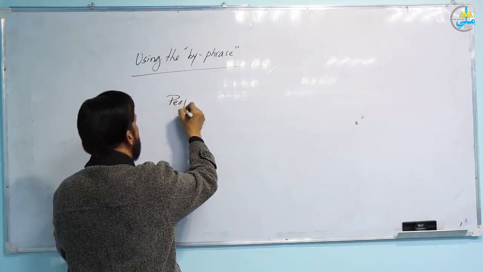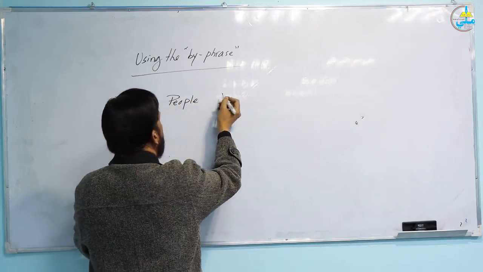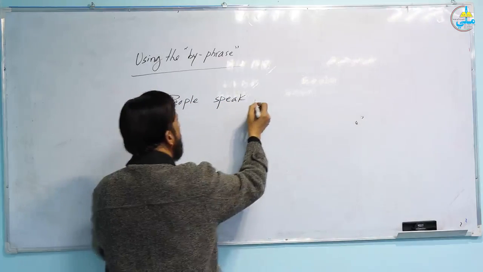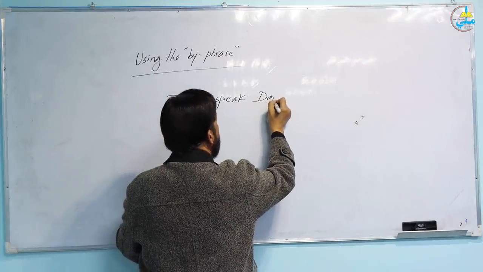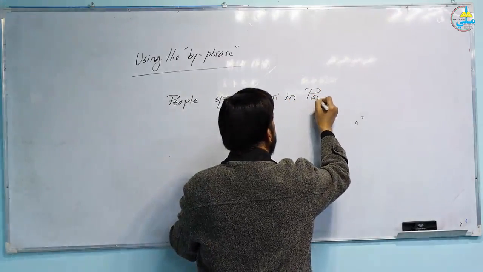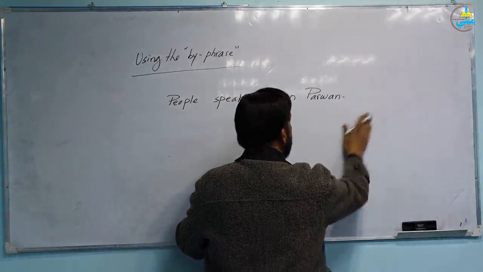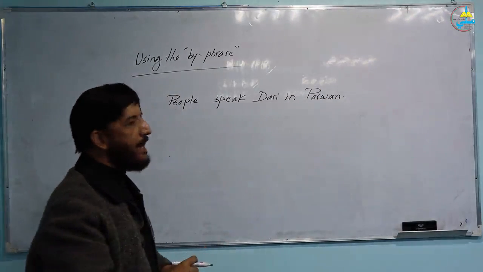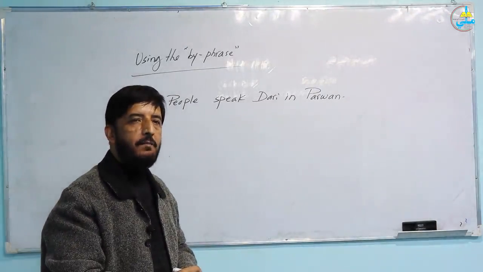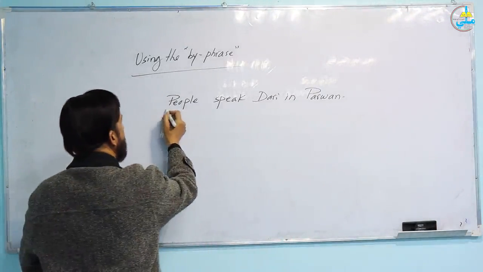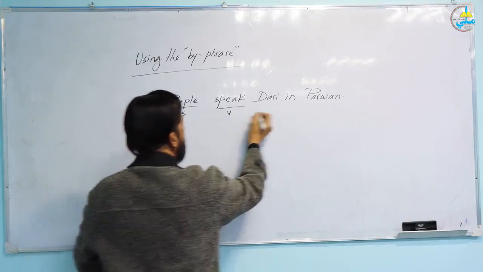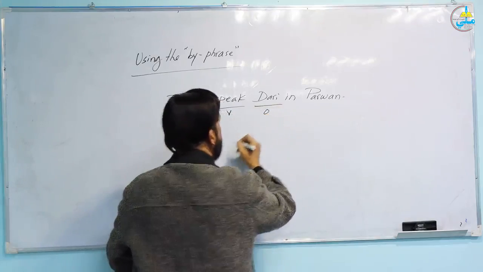For example, people speak Dari and Parwan. Look, people speak Dari and Parwan. This is an active sentence. People subject, speak verb, Dari object.